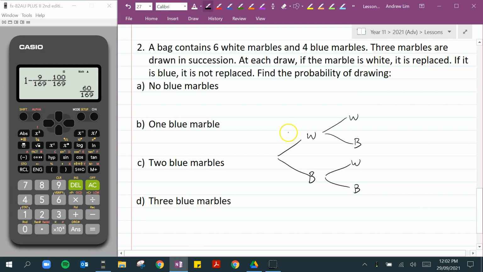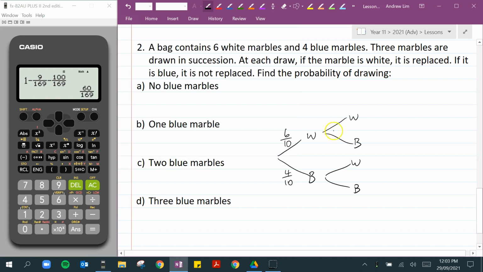So we know that there are 6 out of 10 that are white and 4 out of 10 that are blue. You will notice that I didn't simplify these fractions, and I actually prefer it if you don't do that. It's a lot easier when we have without replacement, so we know how many are left.